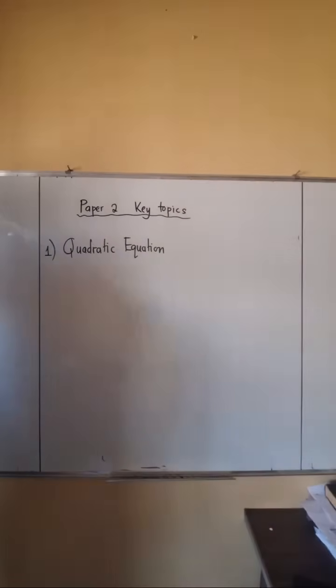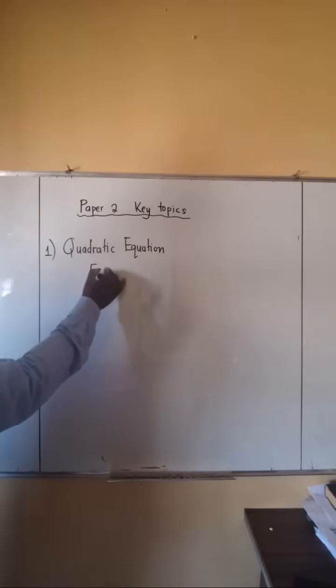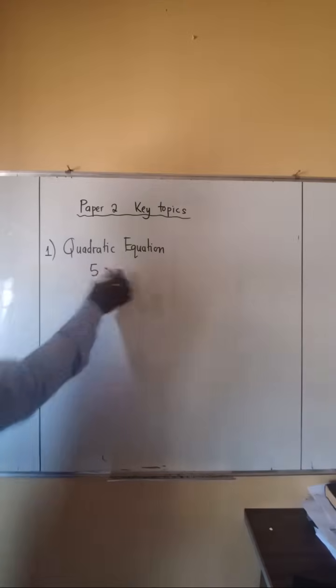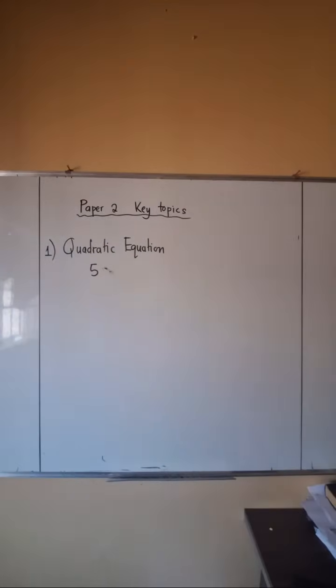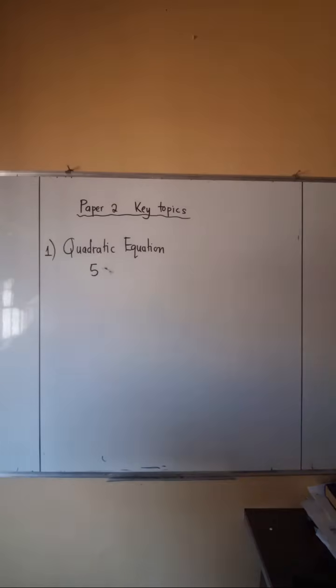So this quadratic equation is one of the key topics we must put into consideration. Why? Because it gives us 5 marks. Remember, in paper 2, any exam question, you are fighting for how many marks? In case you didn't know, paper 2 is 100 marks.